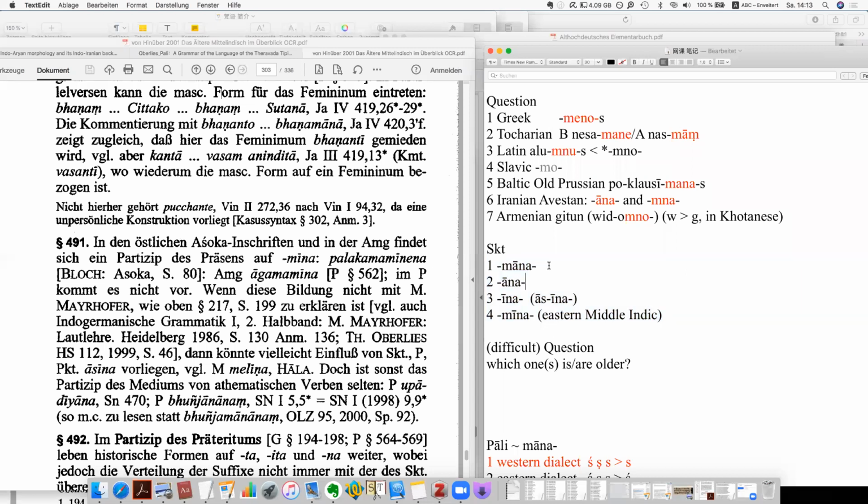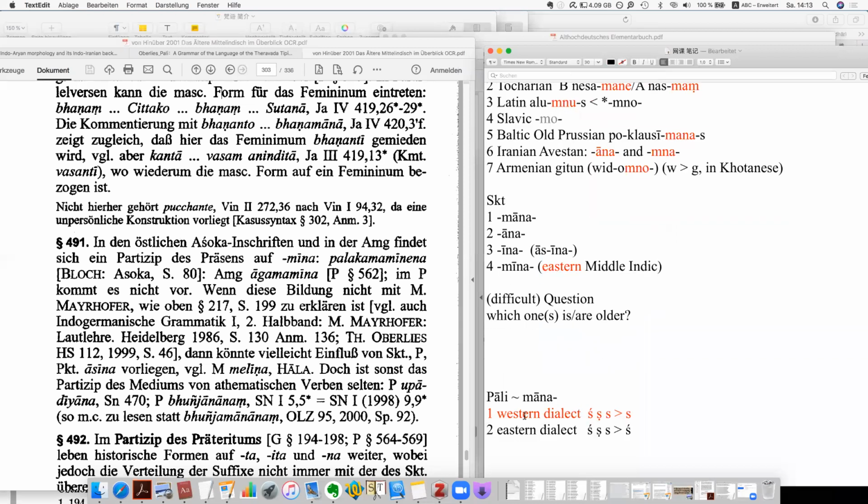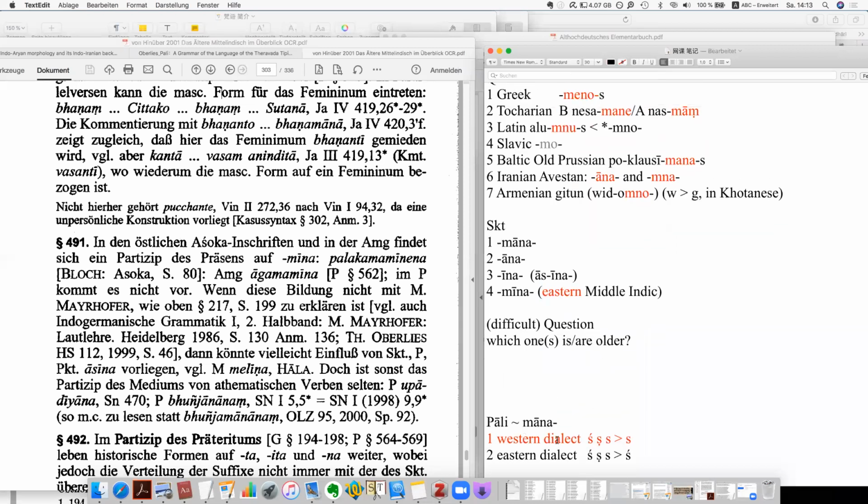In Sanskrit, we have māna, āna, ina, and mina. And mina is attested in Middle Indic, and pay attention, in Eastern Middle Indic. Because in Western Middle Indic, like in Pali, it's still māna. It's like in Sanskrit.